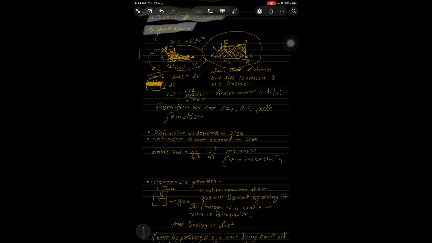We have gone from A to B in the isochoric way, constant volume, and from B to C in the isobaric way, constant pressure. The work is decreased. So here we can conclude that work is a path function. Depending upon the path we take, work might come out differently.